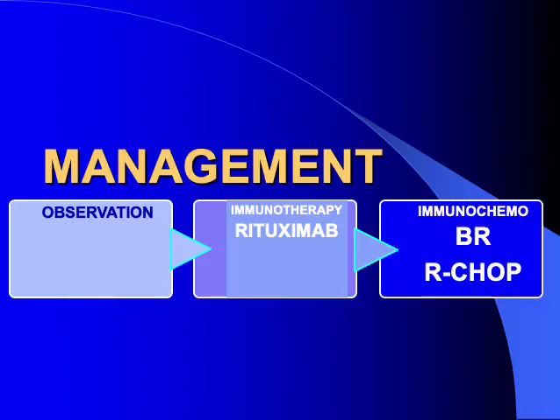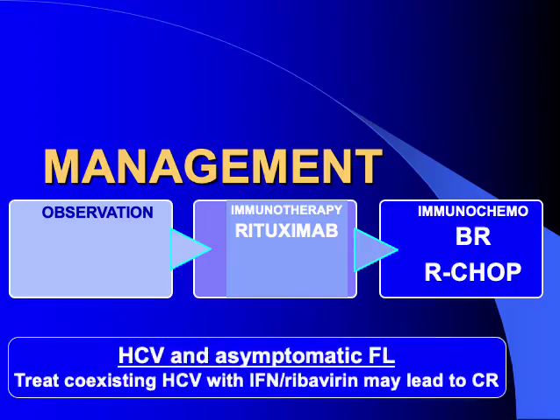In between could be single agent immune therapy, rituximab, or chemotherapy, two drugs, bendamustine-rituximab, or combination chemoimmunotherapy like R-CHOP. And on top of that, patients with coexisting hepatitis C virus could be cured by treating hepatitis C.